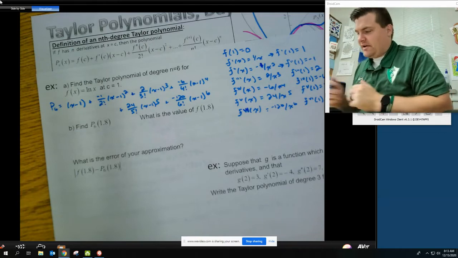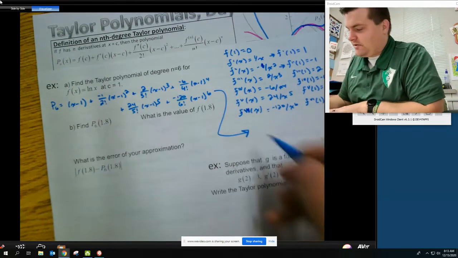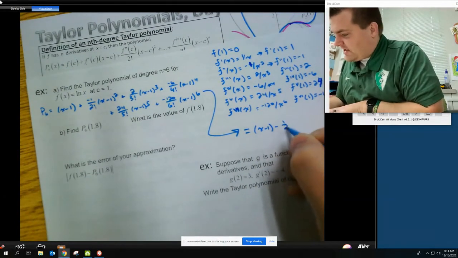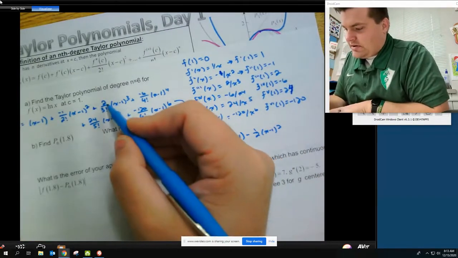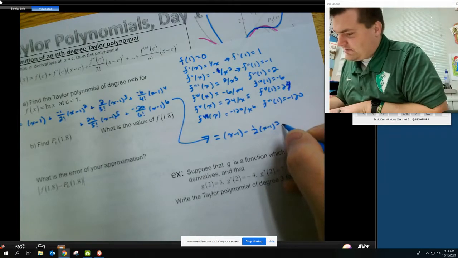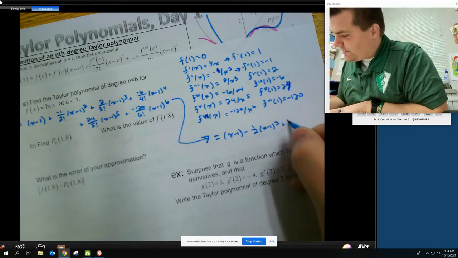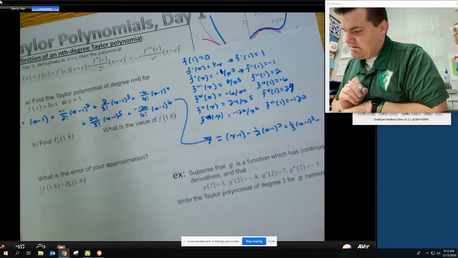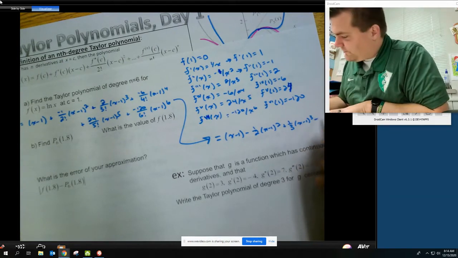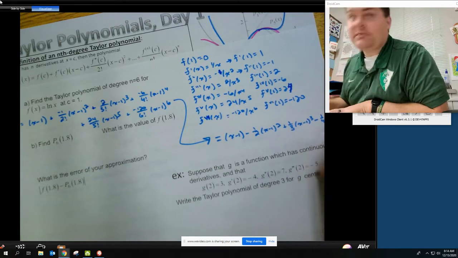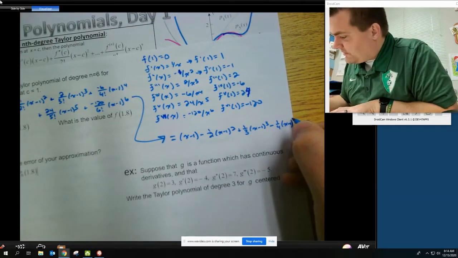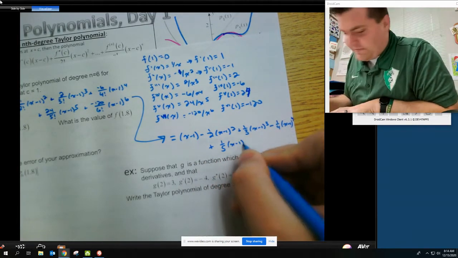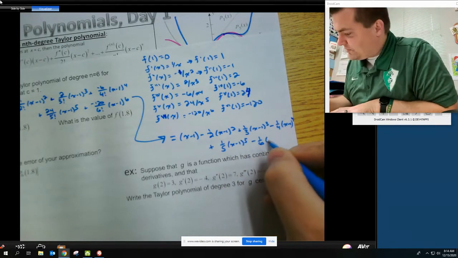Okay, I could write this one out a little bit neater, and I'll do that right down here. If I simplified this one, this is the same thing as x minus 1, minus 1/2 x minus 1 squared, plus 1/3 x minus 1 to the third, minus 1/4 x minus 1 to the fourth, plus 1/5 x minus 1 to the fifth, minus 1/6 x minus 1 to the 6th.